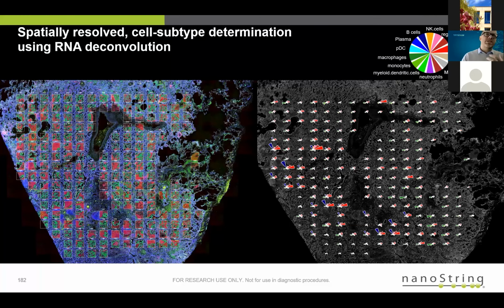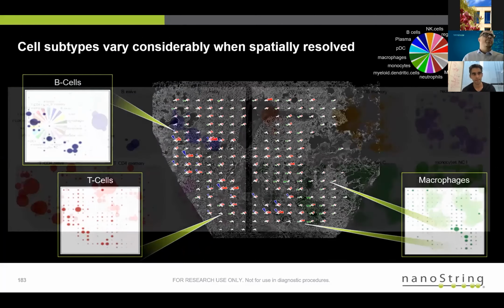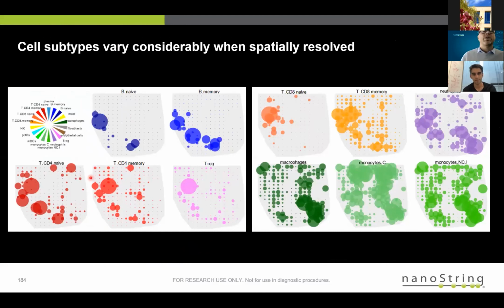And then what I'm seeing a little bit more commonly is using these large or small circles to indicate the number of that particular cell type, and seeing it spread where B cells were found in proximity to the T cells, but the T cells maybe were out in different areas, macrophages being found in different regions. And then all the cell subtypes that were found can be visualized accordingly.